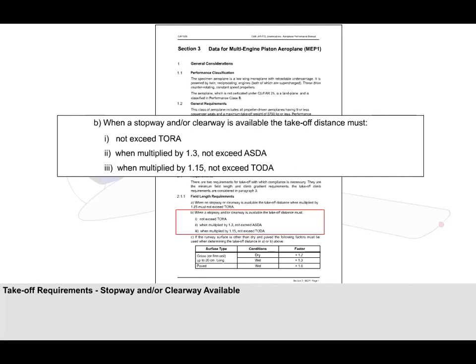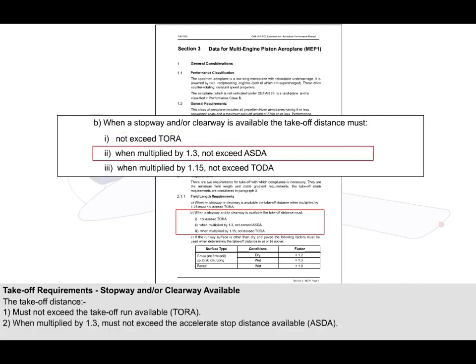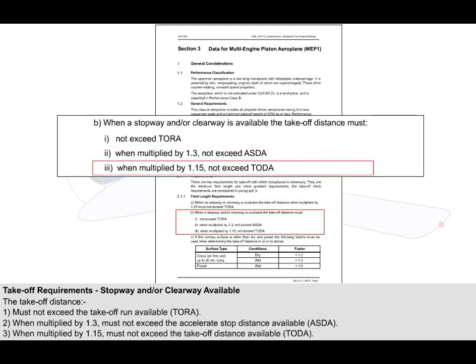Firstly, when a stopway and/or clearway is available, the takeoff distance must not exceed the takeoff run available. Secondly, the takeoff distance, when multiplied by 1.3, must not exceed the accelerate stop distance available. Thirdly, the takeoff distance, when multiplied by 1.15, must not exceed the takeoff distance available.